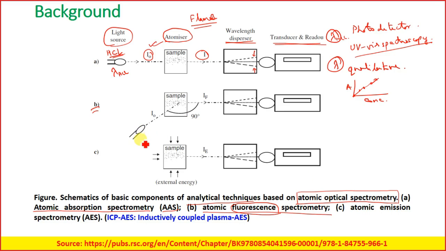So the light source and the detector will be 90° apart, and here a mercury lamp is used. For the rest of the arrangement, you have the atomizer over here also.